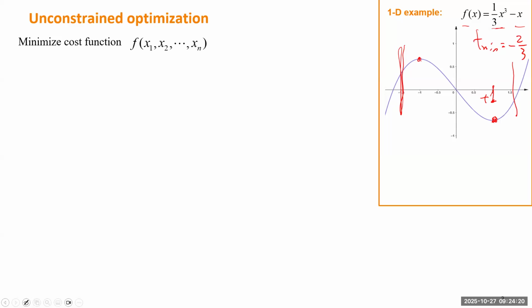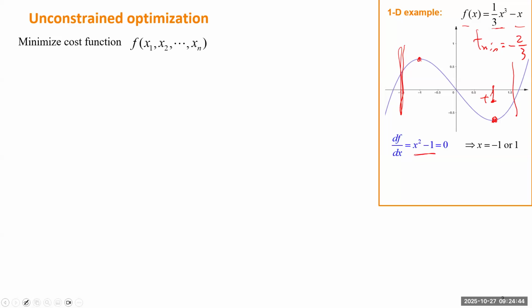But if we don't want to draw this function, how do we find the local minimum or local maximum in this range? One approach is to calculate the first order derivative. When you calculate the first order derivative, the original function becomes this quadratic function.